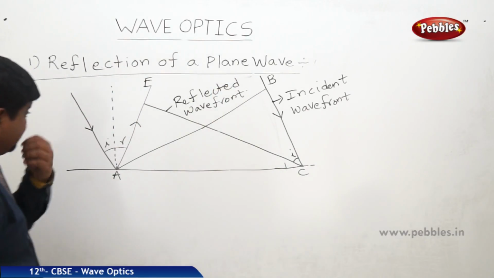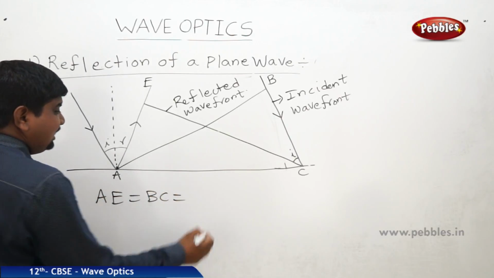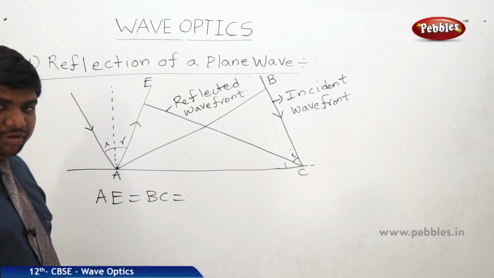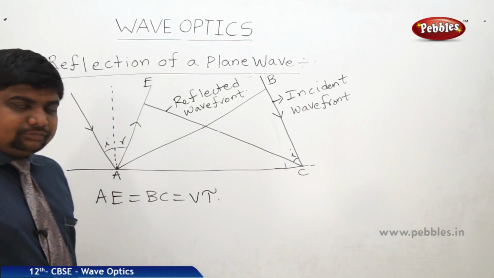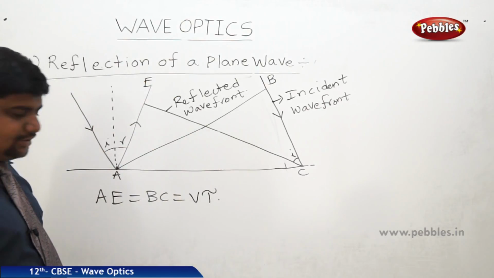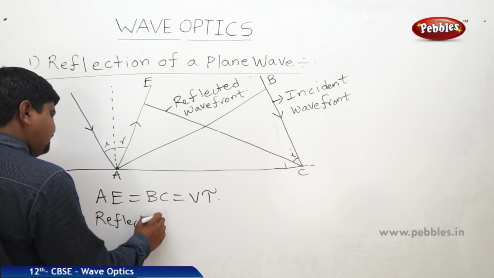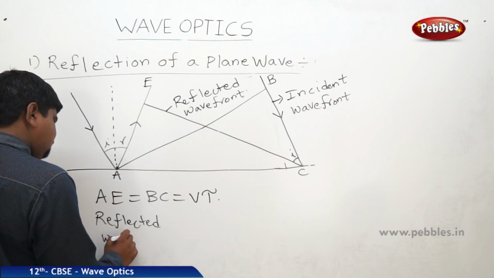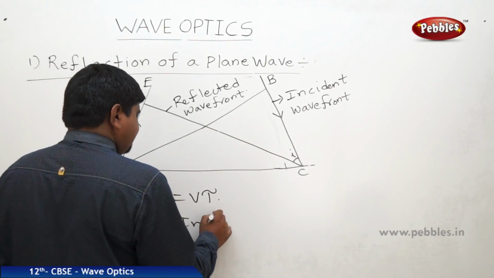So we can say that AE is equal to BC because they are identical in nature and wavefront phenomenon, and we can write this as V tau. This AE is the reflected wave, BC is the incident wave. So therefore, the reflected wavefront is equal to the incident wavefront.